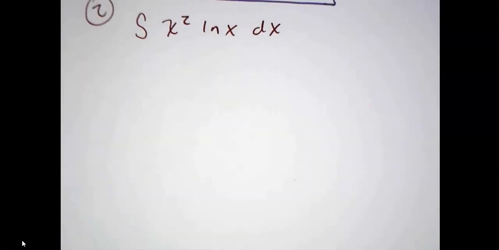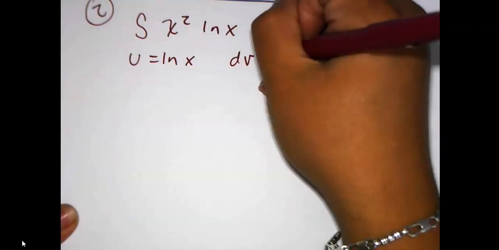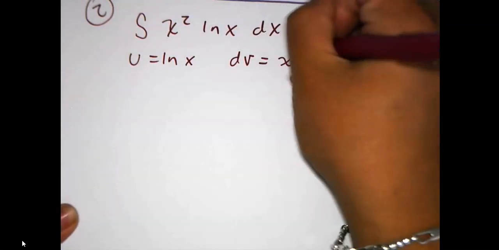Example 2. Example 2 from my PowerPoint, or the one I want to do, is the integral of x squared natural log of x dx. When you are given natural log, I would advise you to use u as your natural log. And your dv, in this case, would be x squared dx.